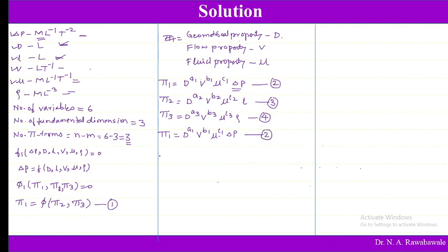Now substitute the dimensions for pi 1 term. Pi 1 is dimensionless, so M to the power of 0, L to the power of 0, T to the power of 0.